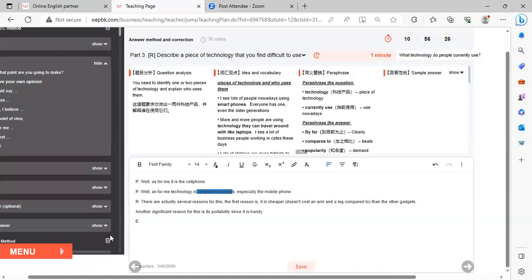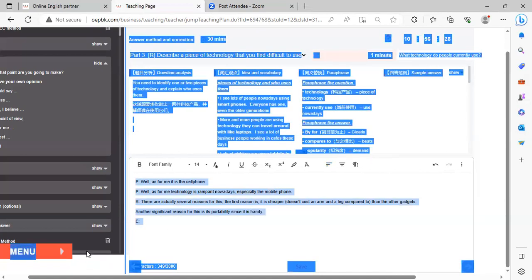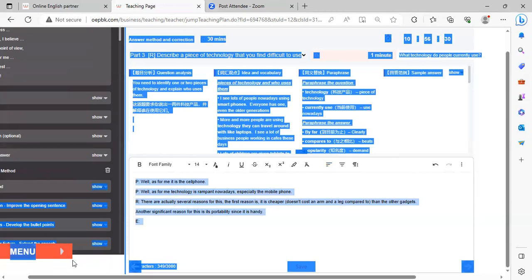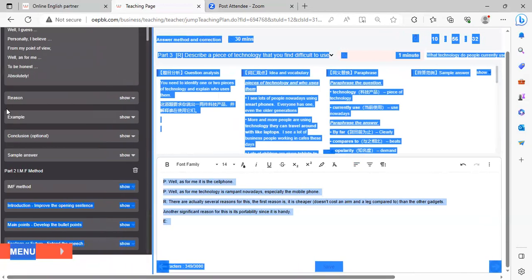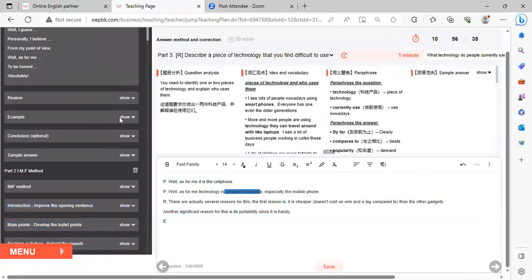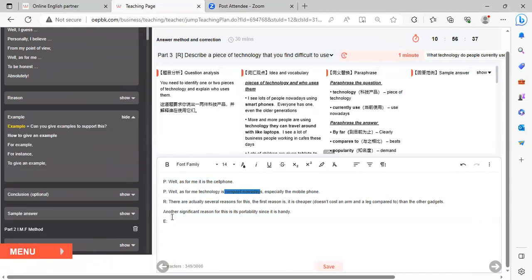So, for the example, I am encouraging you to give more. Since this is part three, I want you to give more examples.